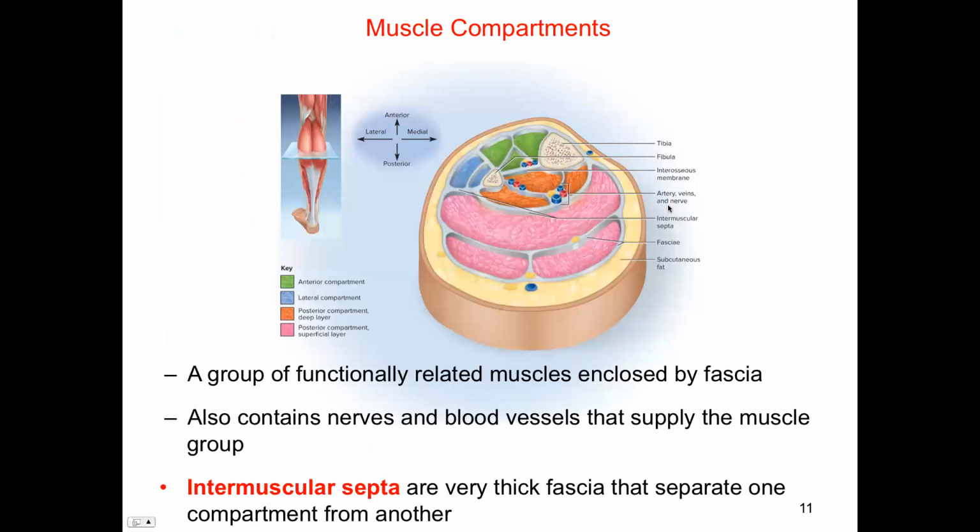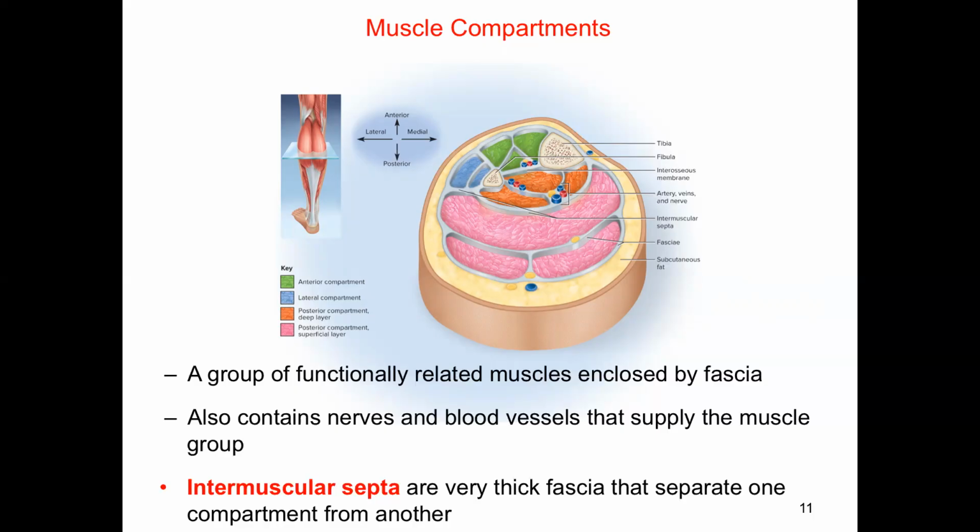Now, the other term is a muscle compartment. So this is when you have a group of muscles. Remember, I said fascia sort of surround muscle groups, around muscles that would have a similar function. All right. So those muscles inside that fascia are called a muscle compartment.